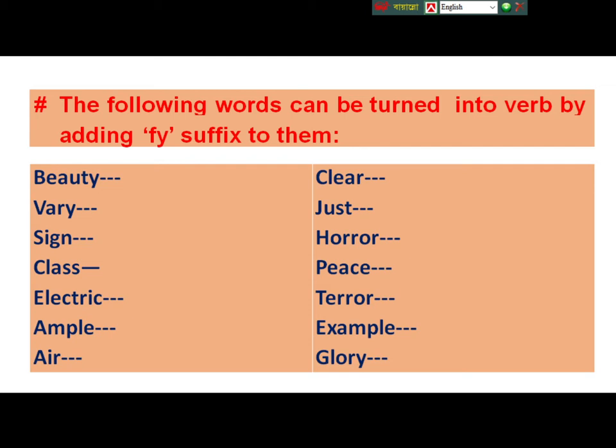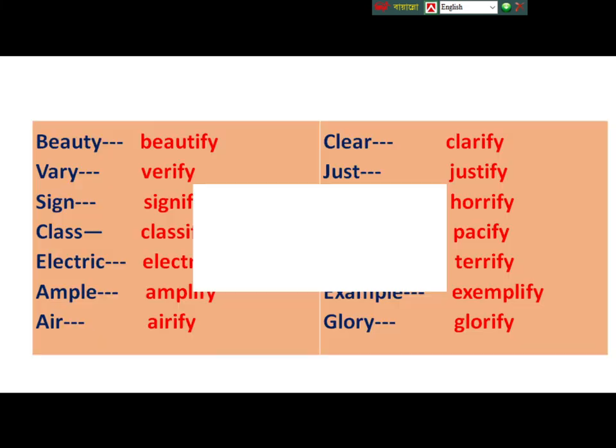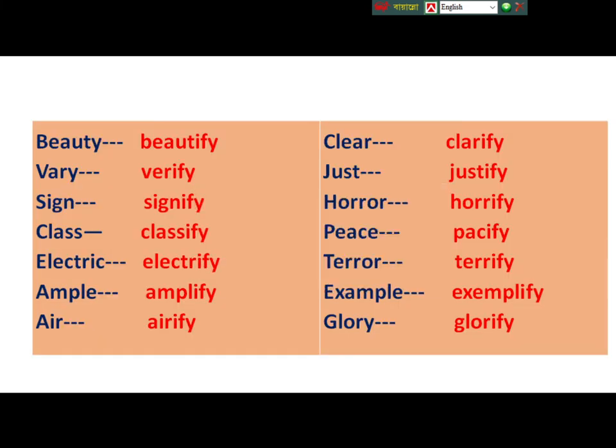We can turn them into verbs by adding the fy suffix to them. Let's move on to the answers of the words. Here are the words and answers.